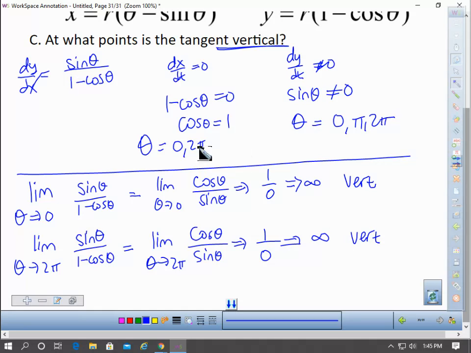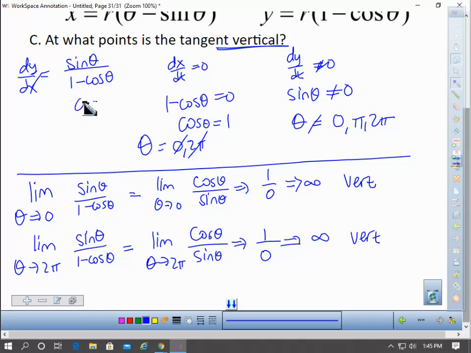So even though this says that dx/dt has to equal 0, and it does at 0 and 2 pi, dy/dt cannot be 0, and that means it cannot equal 0, pi, and 2 pi, which counteracts these answers over here. That means my test pretty much fails me because these two guys are wiped out because of these two over here. So that gives me the indeterminate form.